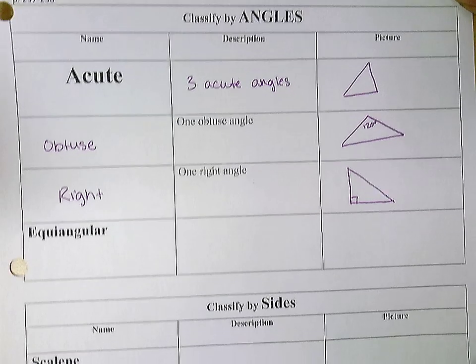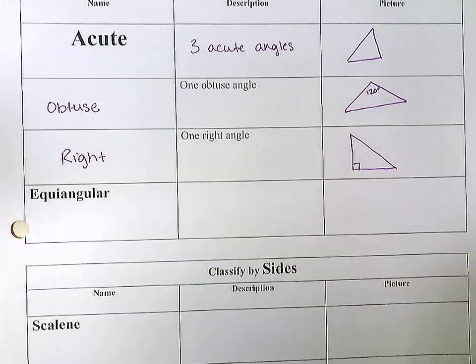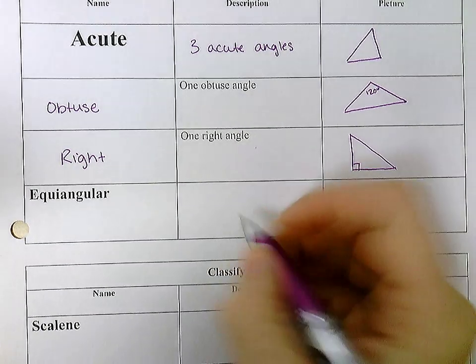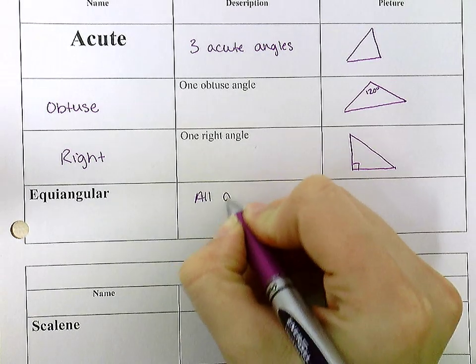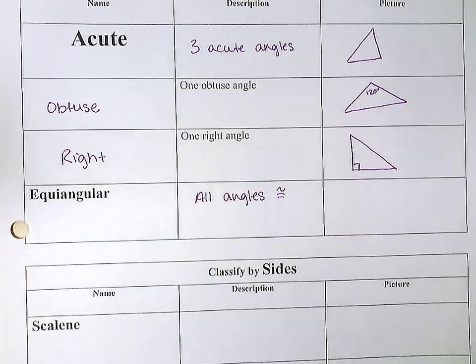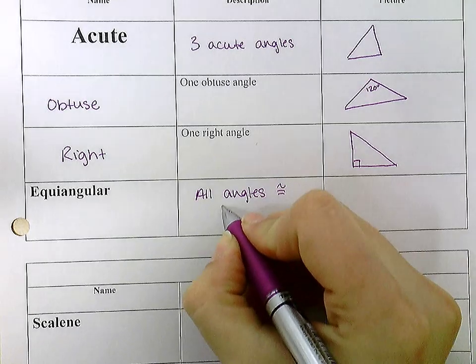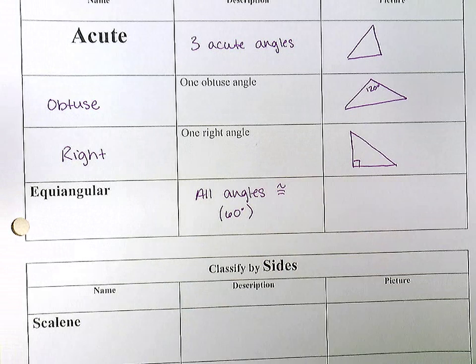Our last one, classifying by our angles, is equiangular. That means all of your angles are congruent. So if all of your angles are congruent, that means all of their measures are 60 degrees.